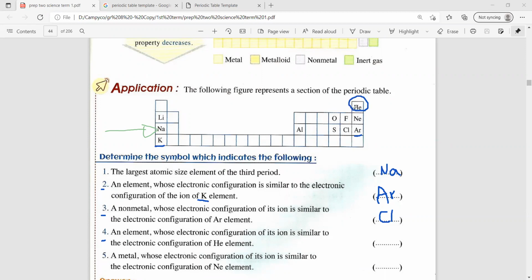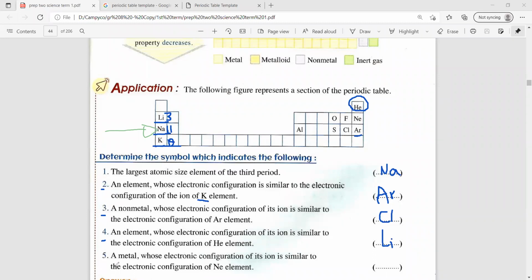It means when they lose or gain, they will have only 2 electrons at the outermost energy level. If they have, for example, 3, they will lose 1, so they will be like helium. Lithium, sodium, or potassium? Lithium has 3 electrons, sodium has 11, and potassium has 19. So it will be lithium. Yes, very good. Thank you.